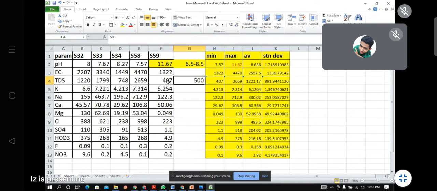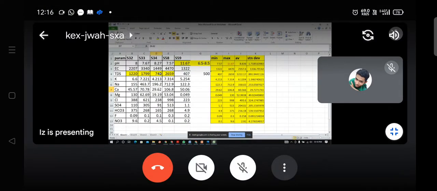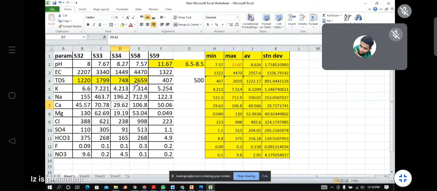Now 407 is passed. All these are failed. Right or wrong? I'm audible? Yes, sir, right. Okay. But you can still see that 478 is close to 500. Right? So this will not be as bad as 2659.